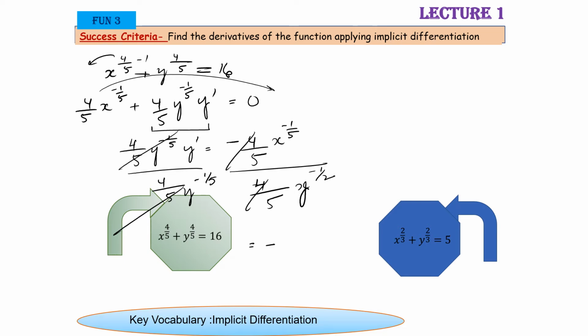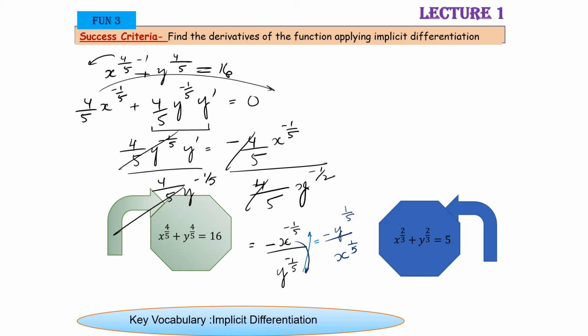We will get negative x to the power negative 1 over 5 divided by y to the power negative 1 over 5. Now shift their places, as we said that we need the positive powers. So we will get negative y to the power 1 over 5, and bring the x to the denominator, you will get x to the power 1 over 5.